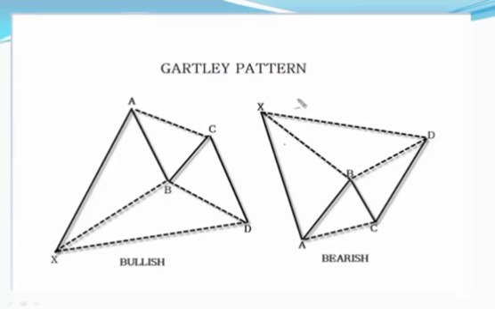All right, so on a Gartley pattern, we're always looking for, on market geometry, X, A, B, C, D. That's market geometry, and then you have harmonic patterns that go with it.